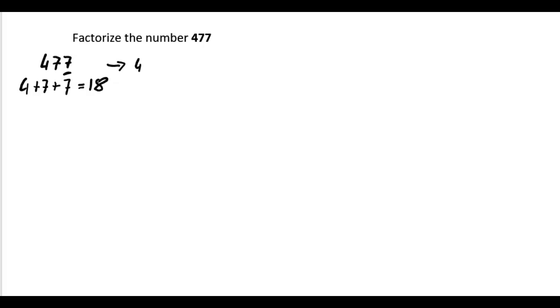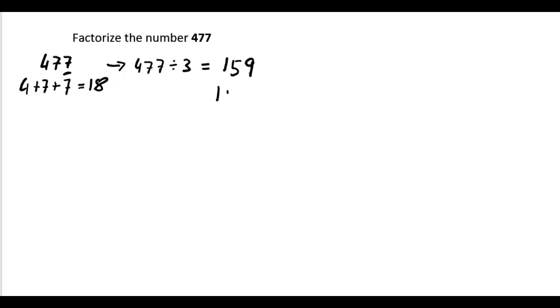So 477 divided by 3 gives us 159. Now 159, is this divisible by 2? No, it is not, because this is an odd number. Is it divisible by 3? Well, let's see.